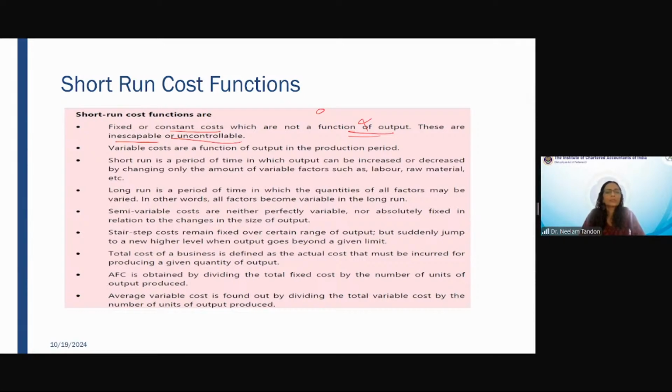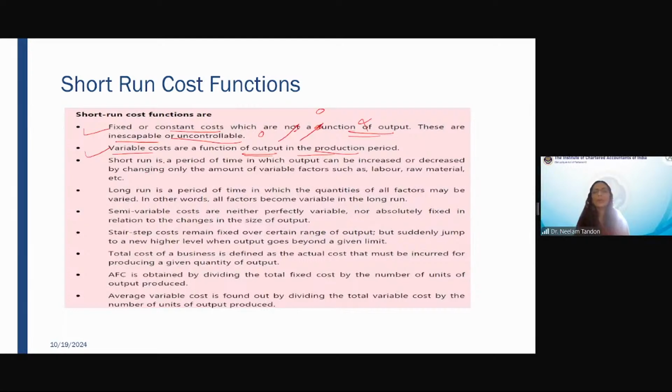Then variable cost. Variable cost is what? Variable cost is a function of production, a function of output. Zero output, zero variable cost. As you increase output, variable cost starts increasing. Okay, so that's variable cost and fixed cost. Then you have short term.